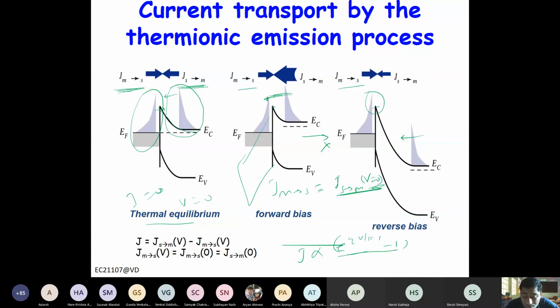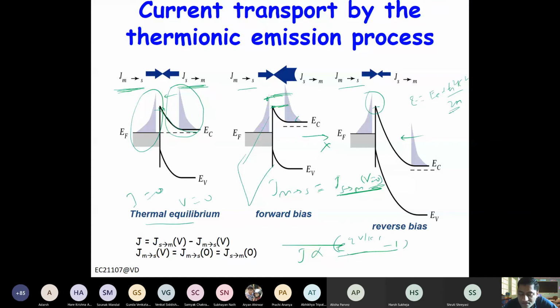Now, which electrons can come over this barrier? Electrons which have velocity, or if you recall, the energy here is EC plus h bar square k square by 2m, right?